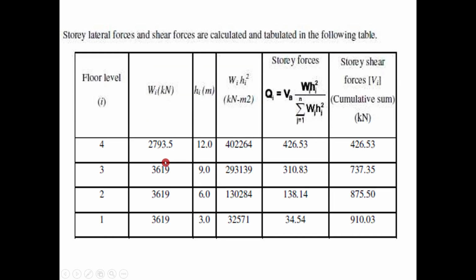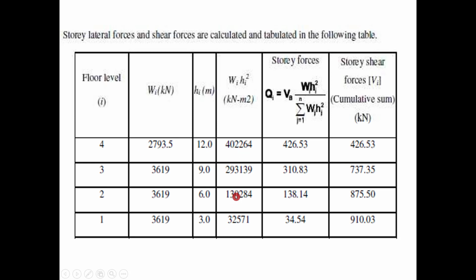Then we distribute the total base shear to all the floors. You have first floor, second floor, third floor, fourth floor, and Wi is the individual load, where you can see a lesser value due to the top floor, and heights 3 meter, 6 meter, 9 and 12 from the floor.